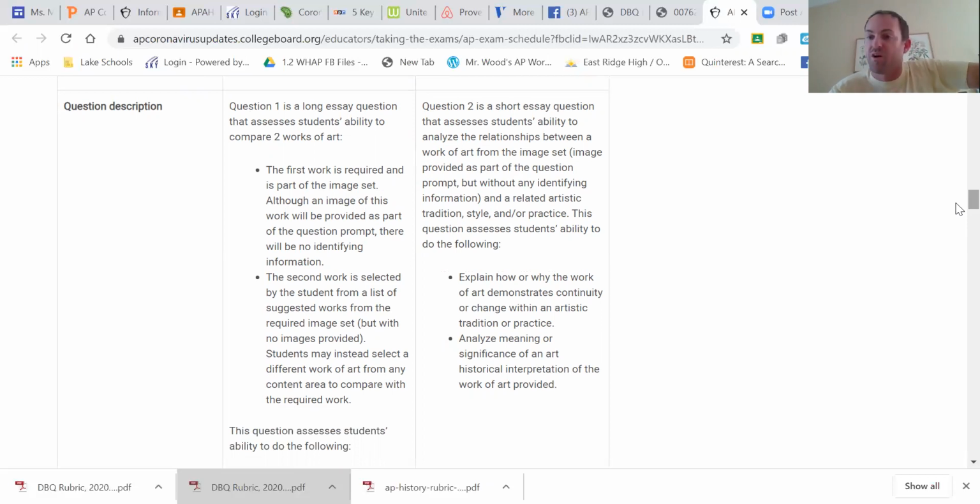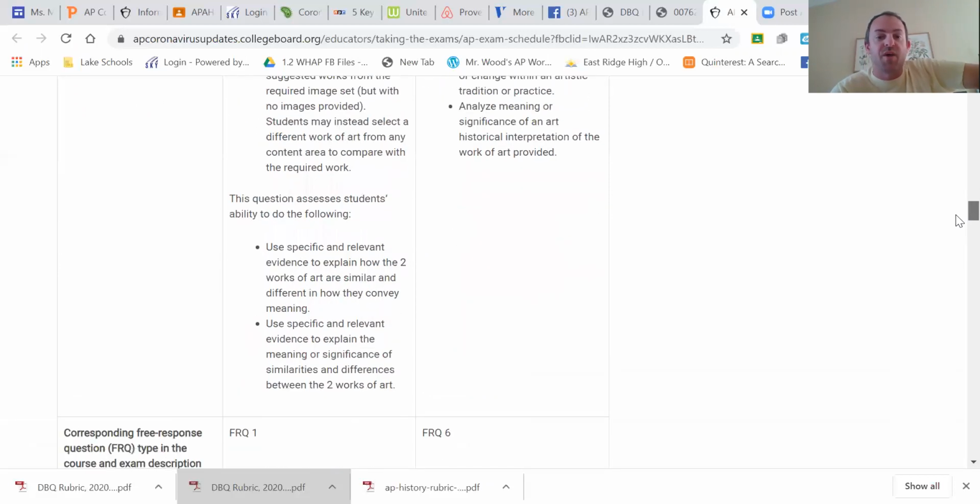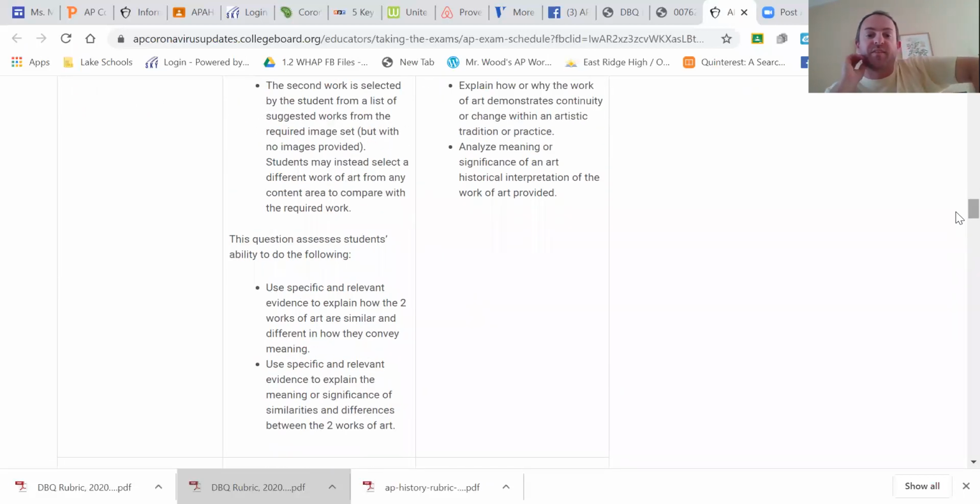You also can come up with your own if you want. There's no image for that, so you've got to be able to do that. Keep in mind, they're going to ask you for very specific and relevant evidence to explain how the two pieces of art are similar and how they are different in their meaning.